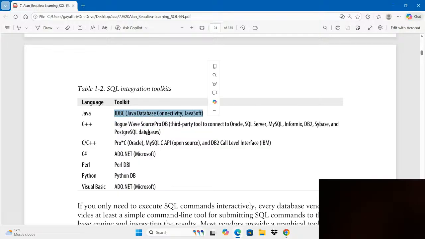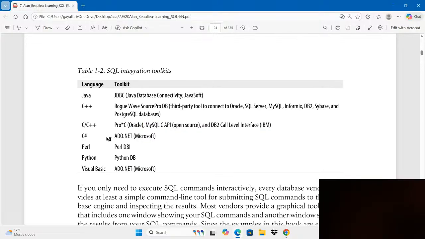For C++, there is a MySQL API for C or C++. Then C Sharp, .NET, Perl DBI, Python DB, Visual Basic.